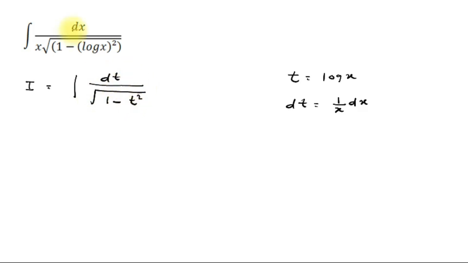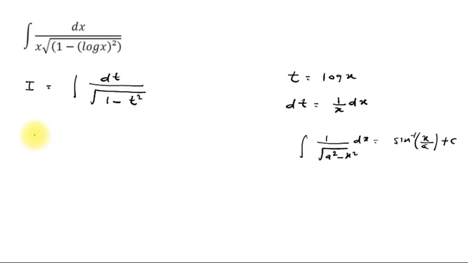Now as we know, the integration of 1 over under root a square minus x square dx is equal to sine inverse x over a plus integration constant c. So this integration is a standard one in which the value of a is equal to 1.